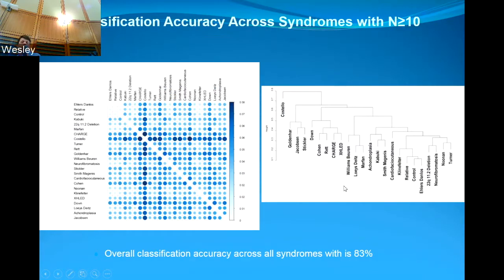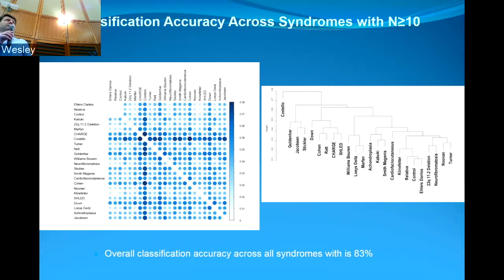And here they are grouped by similarity, or clustered by similarity. So what's driving that cluster, it's important to note, is not the magnitude of the effect, but rather the similarity. Some of the patterns you see are interesting and actually encouraging. Noonan and Turner coming together is expected and interesting. Klinefelter's, Ehlers-Danlos, controls, and relatives grouping together is encouraging.